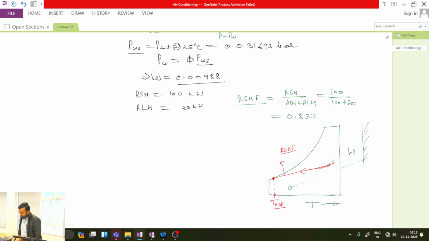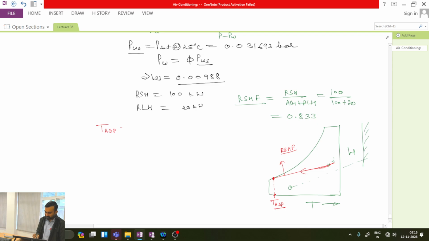If you use psychometric chart, you will be finding that the value of apparatus dew point temperature comes out to be how much? You are getting 20. Actual value should be 12.2 degrees Celsius. All of you please bring psychometric chart in the next class.